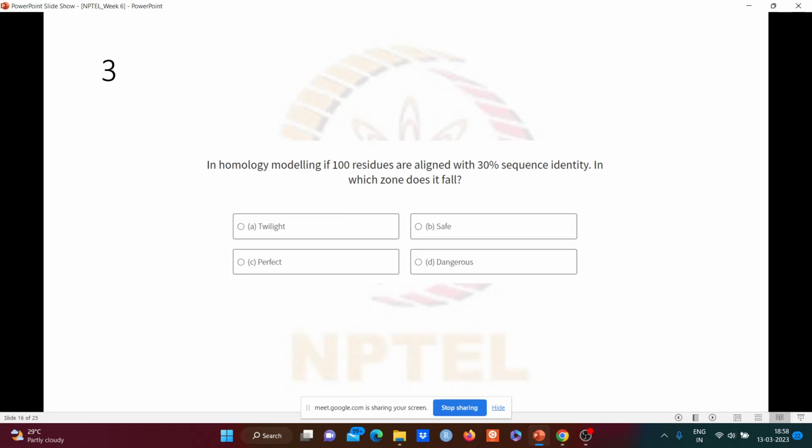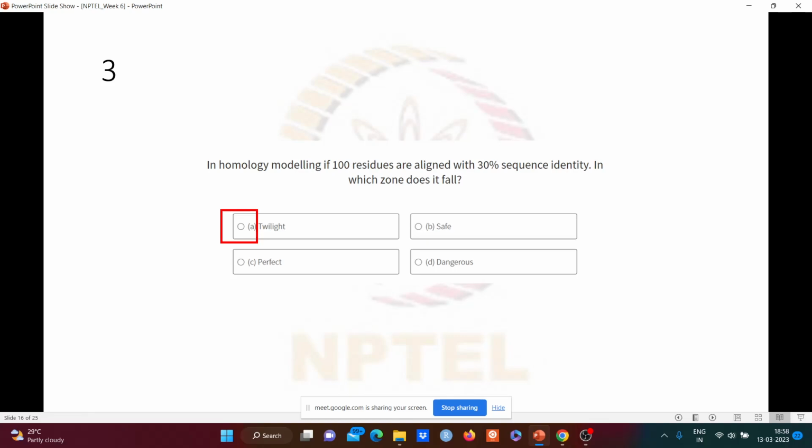Okay, I have answers here. Moving on to the solution, the answer is twilight zone. So this twilight zone refers to a situation where sequence identity between the target protein and template protein is less than 30%, making it difficult to accurately model the structure.